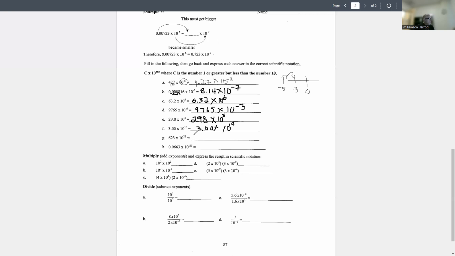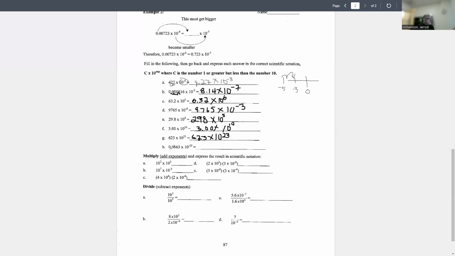This I need to make 2 powers of 10 smaller. 6.23 times 10. If I make this 2 powers of 10 smaller, I need to make this 2 powers of 10 bigger. That'll be 23. Right? 2 powers of 10 bigger.